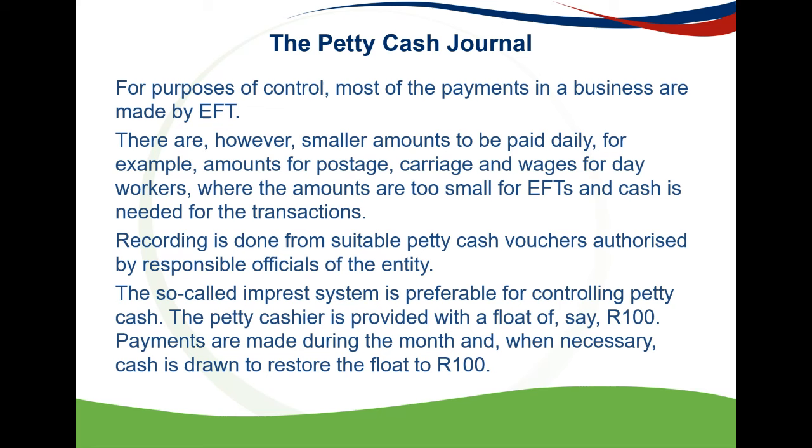Now, there are, however, smaller amounts to be paid daily. For example, amounts for postage, carriage, wages, where the amounts are too small for EFTs and cash is needed for the transactions. So it's going to be where you suddenly need to get something because you can't continue with what you're busy with, because you need something like the batteries.